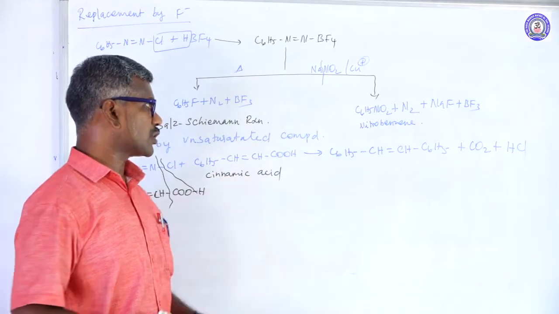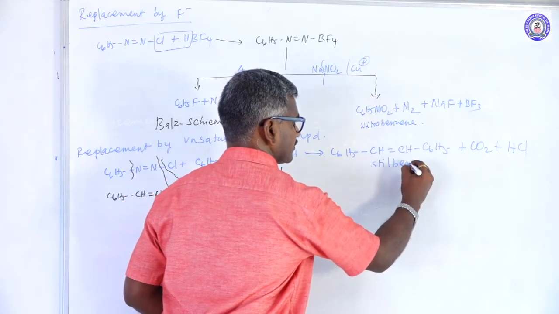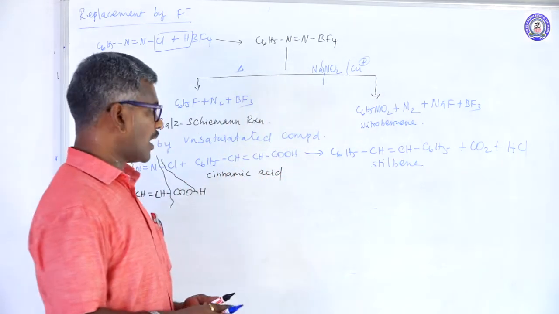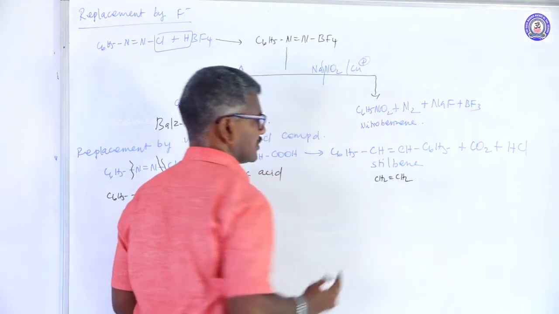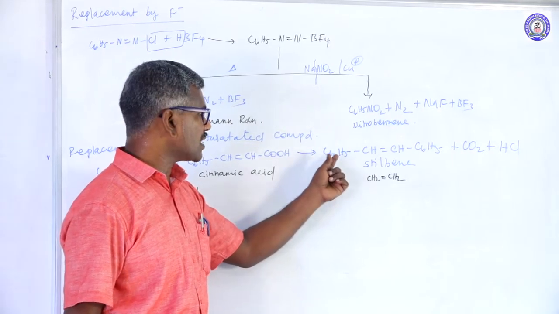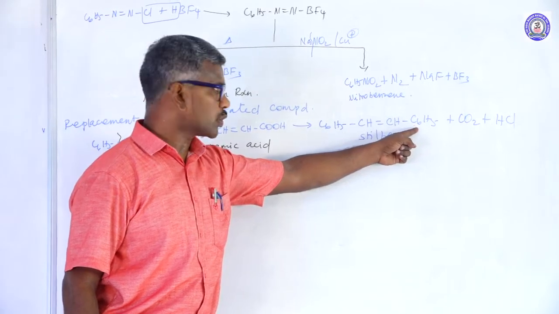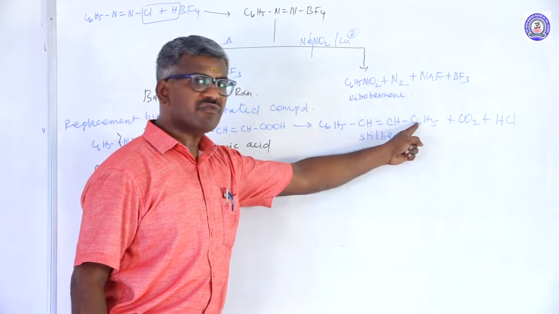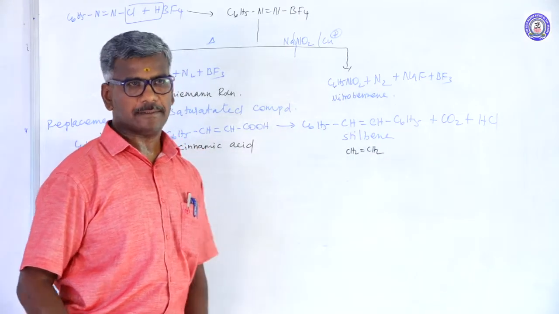This is an unsaturated compound, called stilbene. Consider CH2=CH2, which is named ethylene. Here one hydrogen can be replaced with a phenyl group, and one more hydrogen can be replaced with a phenyl group. This is called diphenyl ethylene or diphenyl ethene.